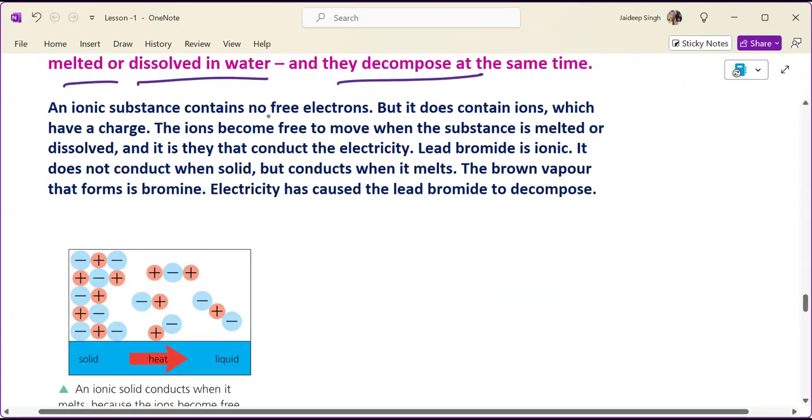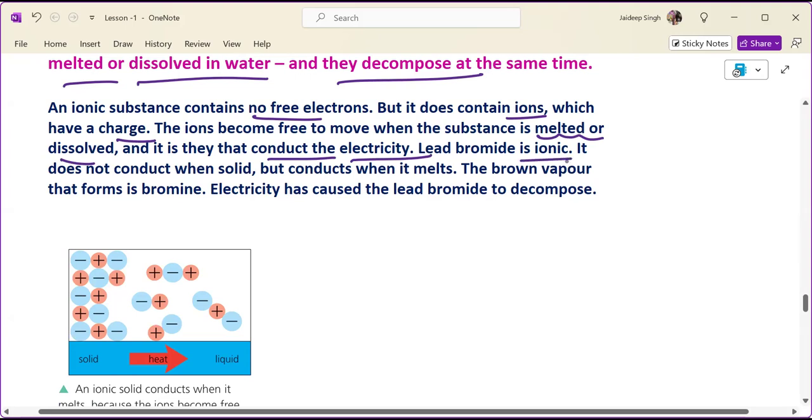An ionic substance contains no free electrons, but it does contain ions which have a charge. The ions become free to move when the substance is melted or dissolved, and that is why they conduct electricity in the molten state.